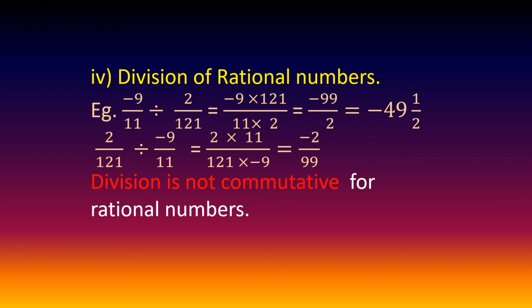So 2 by 121 comes first. It is divided by negative 9 by 11, which is the same as 2 by 121 into 11 by negative 9. By final calculation, we get negative 2 by 99. When you compare the answers, you see that the answers are not the same. This means division is not commutative for rational numbers.